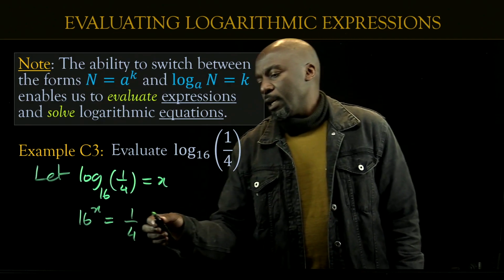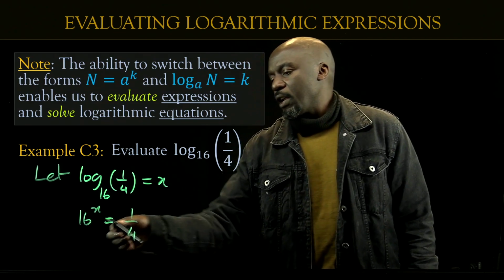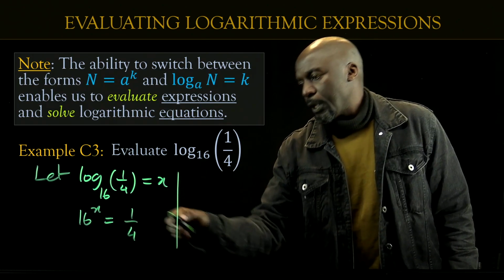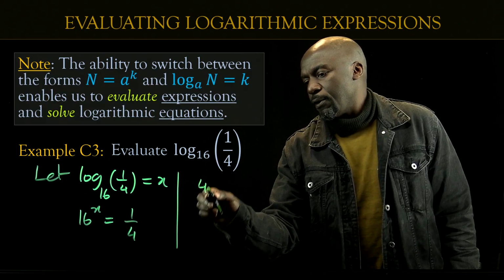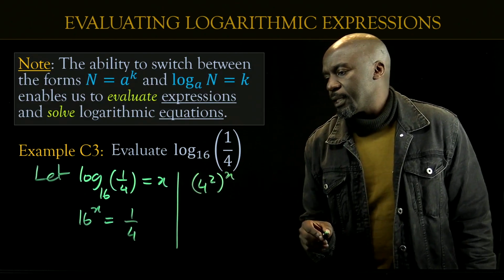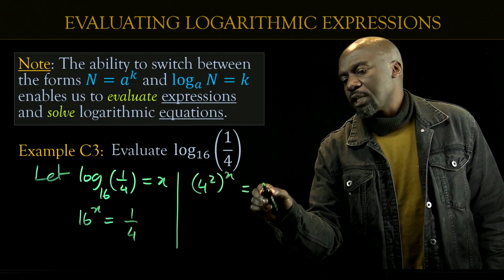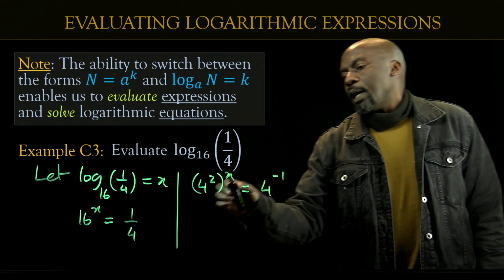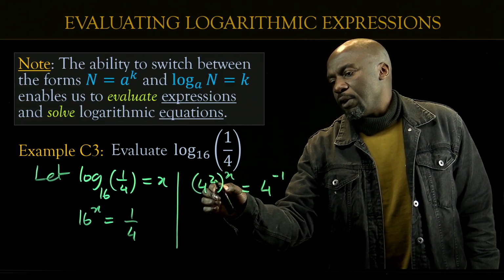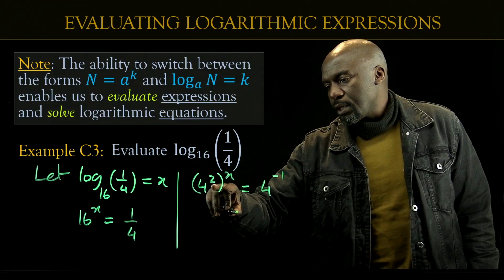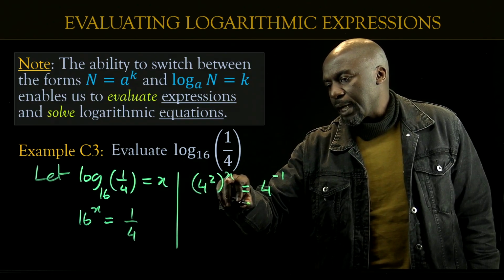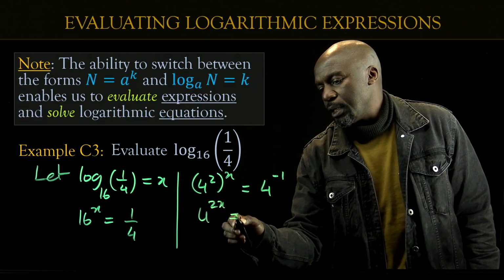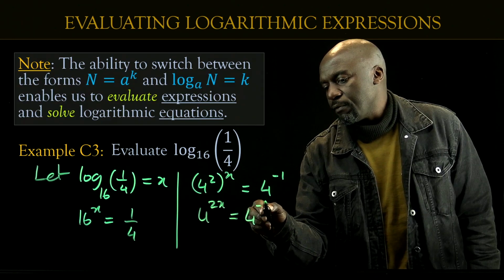Now we can write both sides with base 4. 16 can be written as 4 squared, everything to the power of x. And 1 over 4 can be expressed as 4 to the power of negative 1, from our laws of exponents. Again, we can multiply the two powers, so this is 4 to the power of 2x equal to 4 to the power of negative 1.